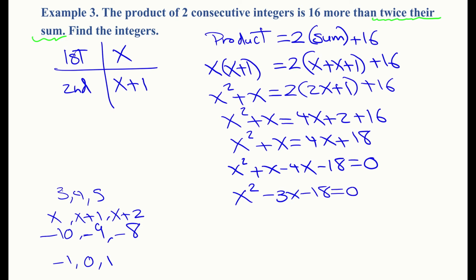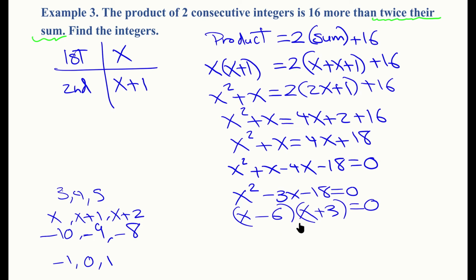So now we go ahead and factor again. So we have x, and I believe negative 6 and positive 3 should do the job, right? See, x times x is x squared, negative 6 times positive 3, last times last, is negative 18.